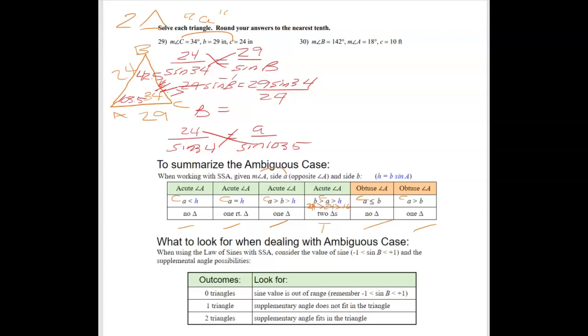Okay, so now we have to find the other triangle. I'll just do it here, and we'll do this problem somewhere else. Let's just make this A, B, C. I'm still at number 29 though. This one stays 24, this stays 29, and then this angle is 34.